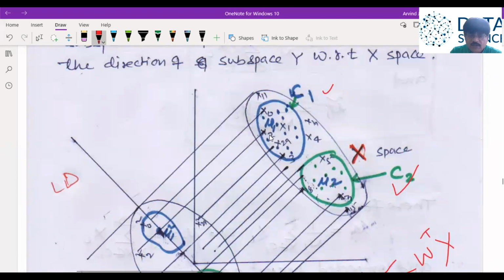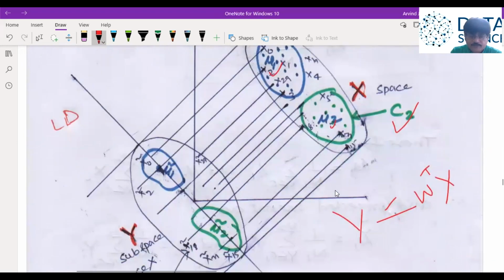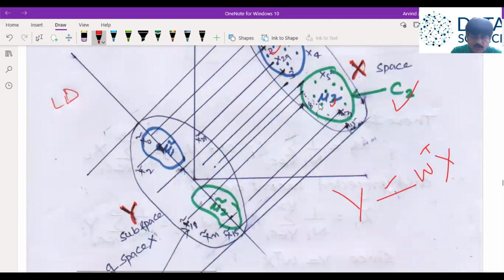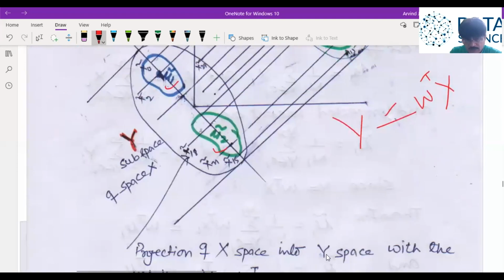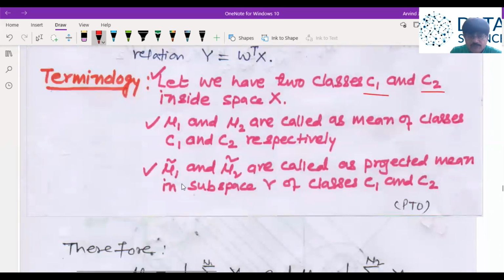The projections of these means are the projected mean mu1 and projected mean mu2 in subspace Y, of classes C1 and C2.